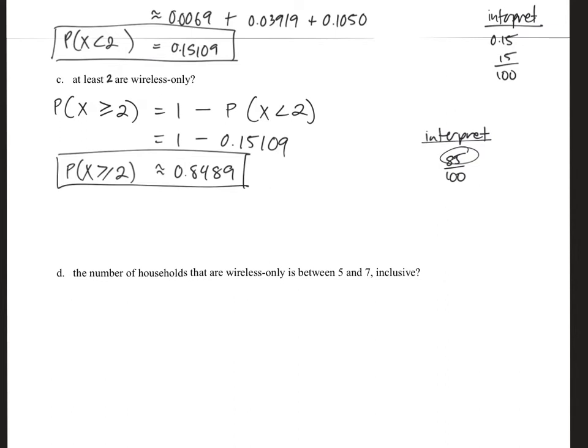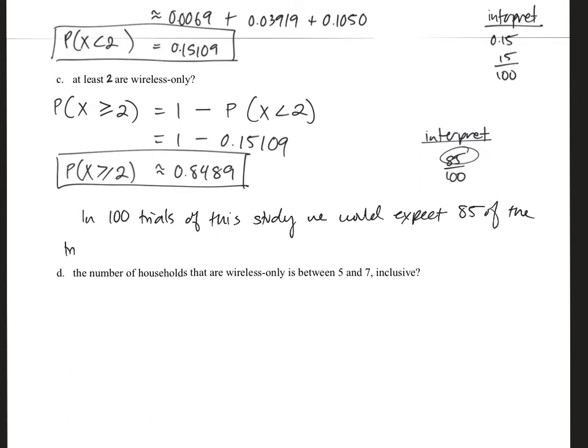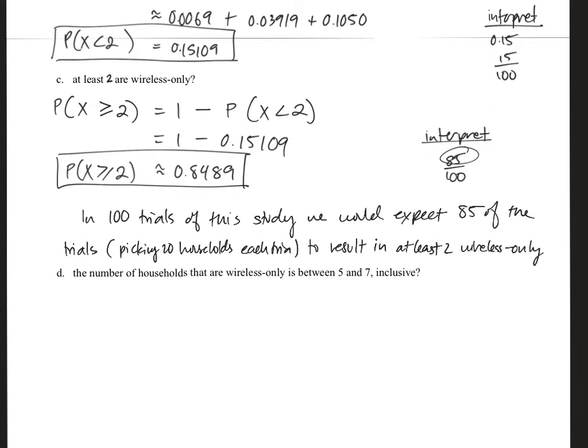So in 100 trials of this study, we would expect 85 of the trials picking 20 houses each trial to result in at least 2 wireless only households.